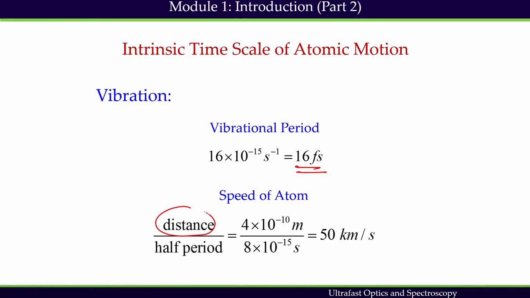For this distance, the velocity of the atom to dissociate the bond is 50 kilometer per second. Per second it's traveling 50 kilometer to dissociate the bond. This is the typical speed of an atom during vibration, during molecular dissociation.